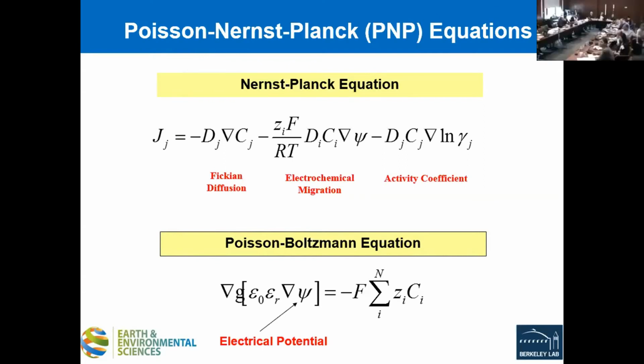But then we've also got the second term, which is either called electrochemical migration or the diffusion potential. It's associated with the fact that ions try to move at different rates. So if the hydrogen ion is moving 5 times faster than the chloride ion, you get electrical imbalance, which generates a counterflux that basically slows the hydrogen down, speeds the chloride up.